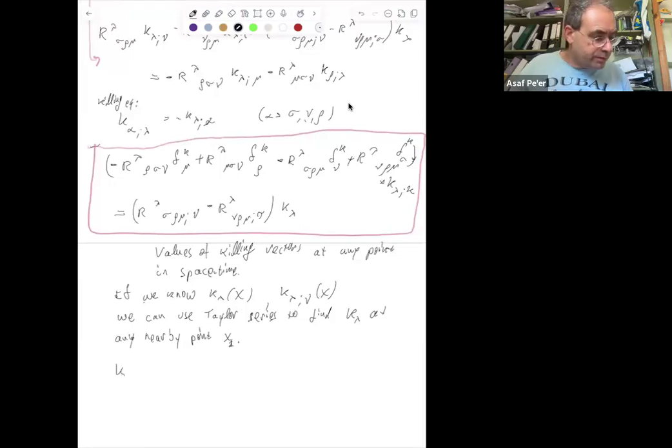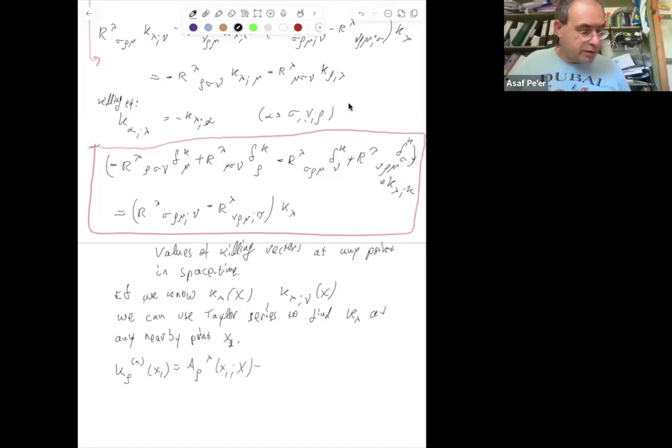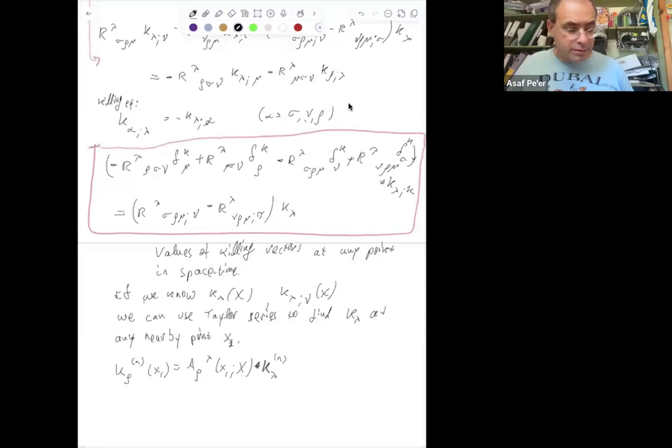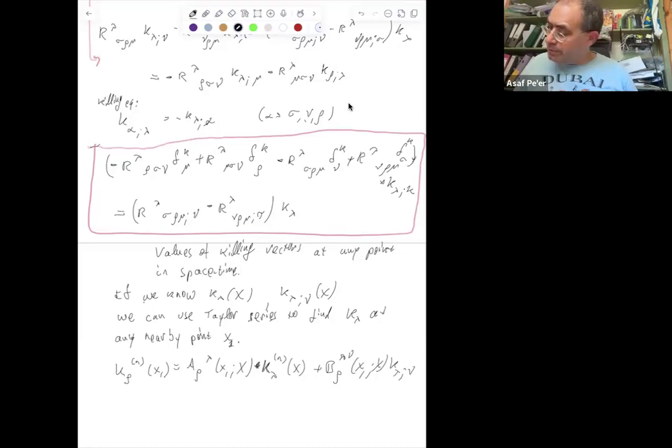So K, whatever, ρ, because we have n of those, at x1 is A_ρ λ(x1, x) times K_λ^n at x plus B_ρ λν at x1 and x times K_{λν} at x. N is for different Killing vectors.